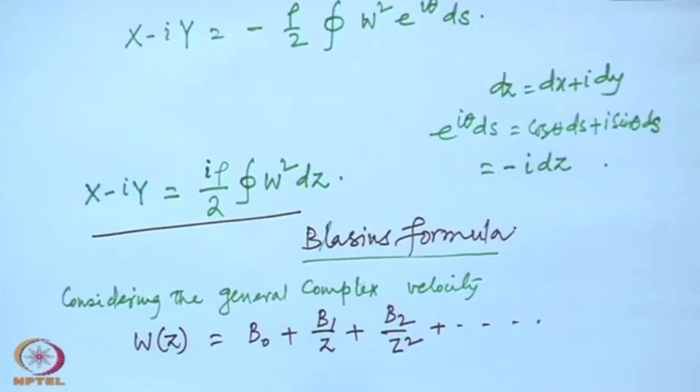So, if you remember, because of this integration, according to the residue theorem, only what is required? The coefficient of 1 by z, nothing else matters to us.